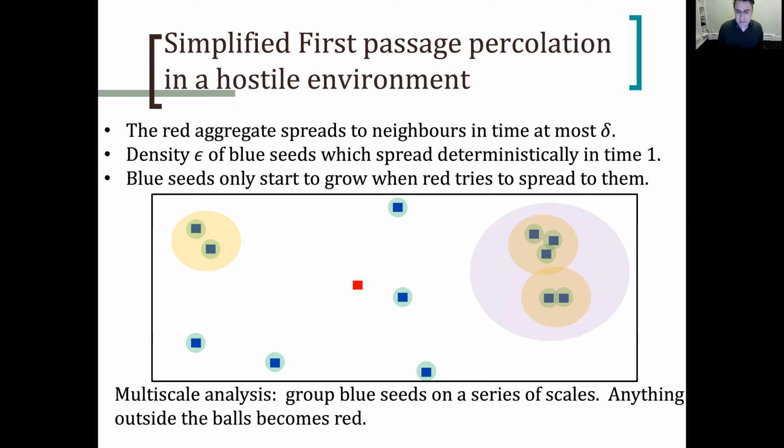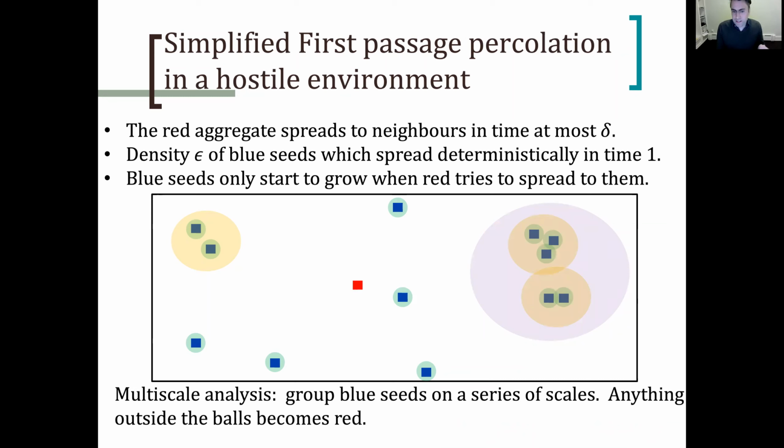And they had some multi-scale scheme to cover all of these seeds in these bubbles, and they showed that everything outside of the bubbles gets taken over by the red process, as long as the red process is in the infinite component of the complement.